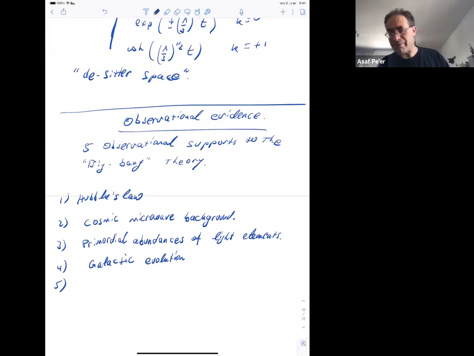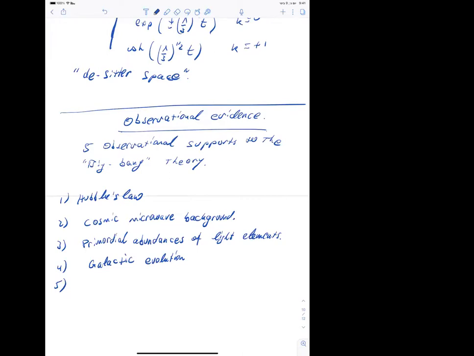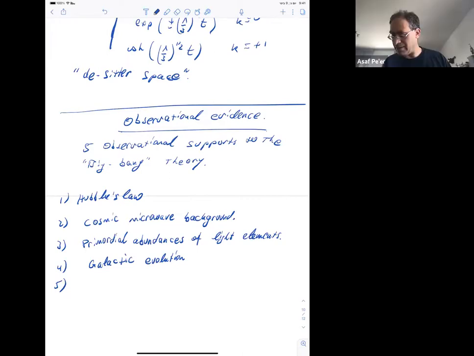Where did the hydrogen come from? And the last one is called the baryonic acoustic oscillation. As you might have heard, these are fluctuations which are seen in the cosmic microwave background.